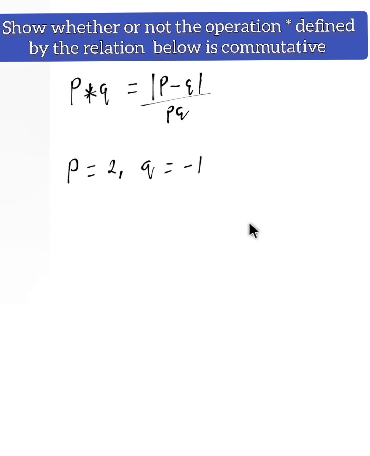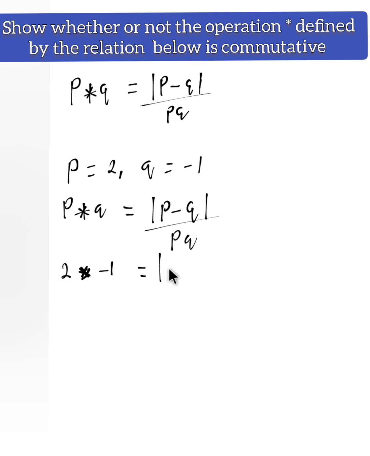So to start, we'll solve first for P operation Q. Using the formula above, it is equal to the absolute value of the difference of P and Q, all over the product of P and Q. Now, P is 2 and Q is -1, so 2 operation -1 is equal to the absolute value of 2 minus (-1), all over 2 times -1.